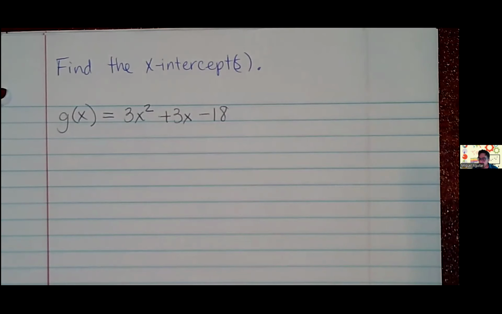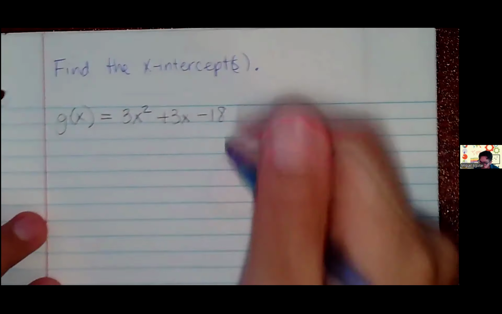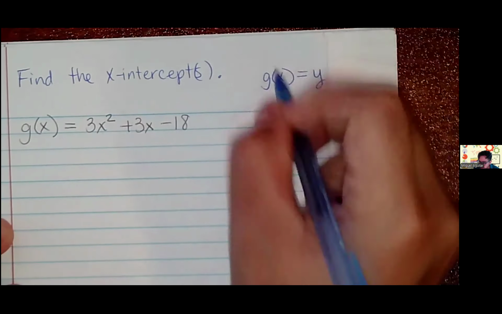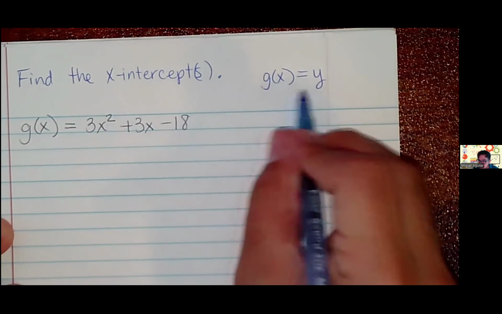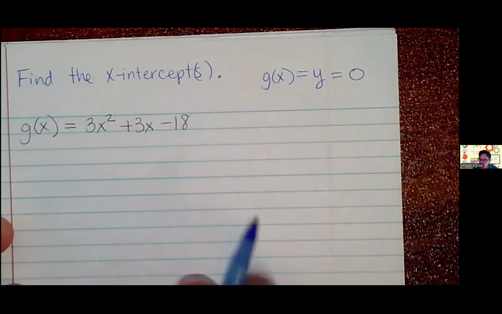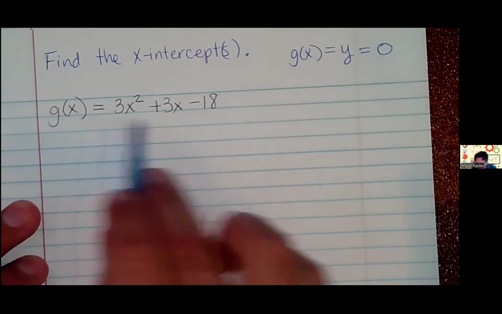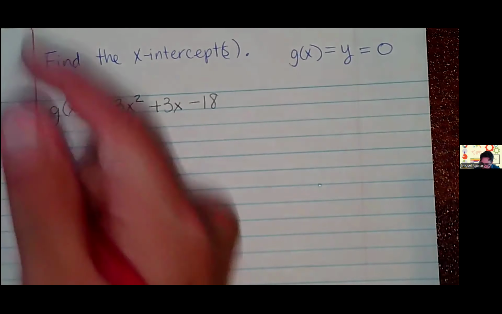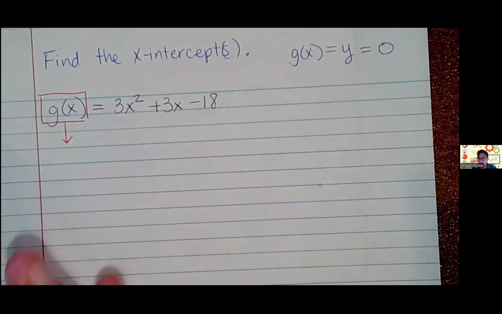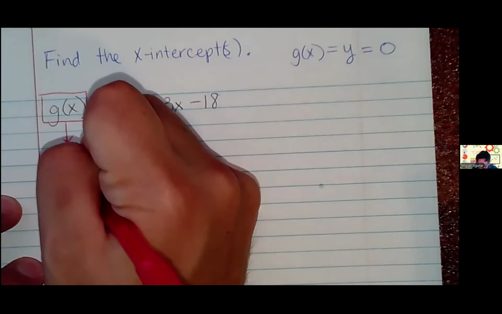Okay. But the way we start this off is that you want to set the y value equal to 0, but you have to remember that g of x is the same thing as y. These guys are interchangeable. And since we want to set this y equal to 0, and we don't have a y in our function, we're just going to replace this whole g of x business with 0.